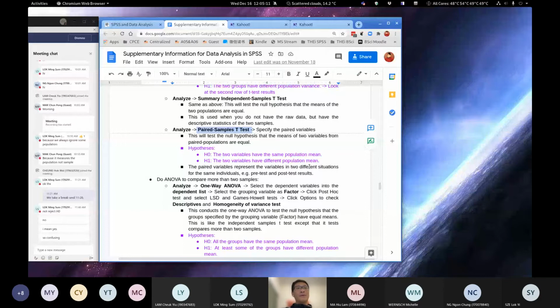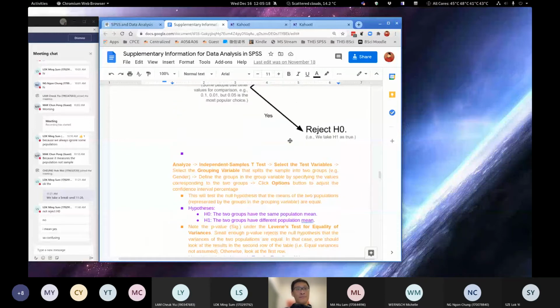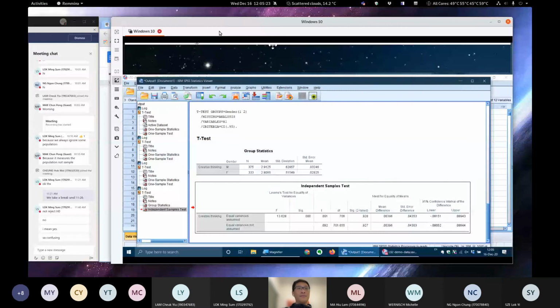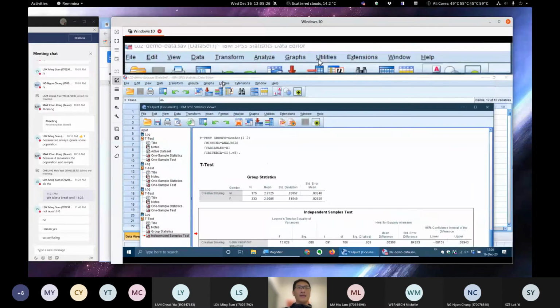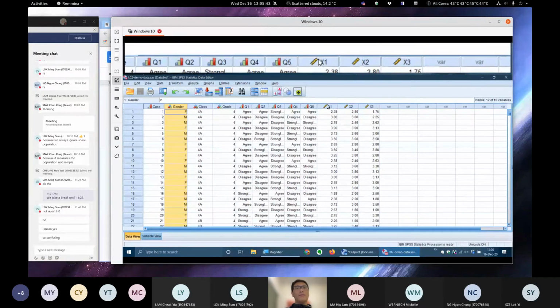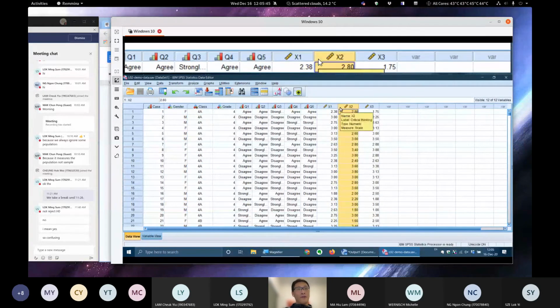Now, for the paired sample t-test, we try to compare paired samples. What do we mean by paired sample? Previously we compared between the two genders. We have male and female, and they are independent groups, so they are independent samples. But what if I want to compare the answers to two variables for the same student?